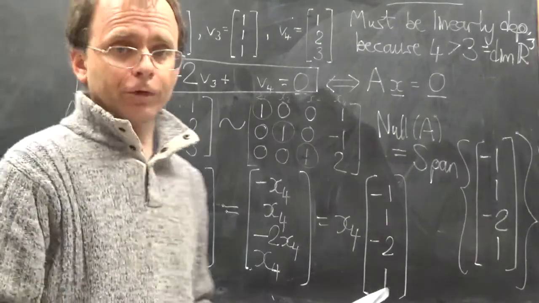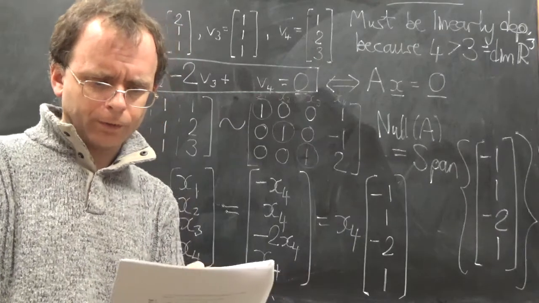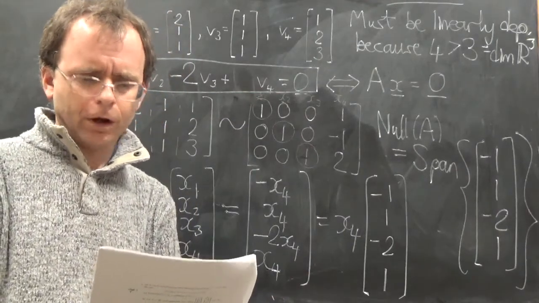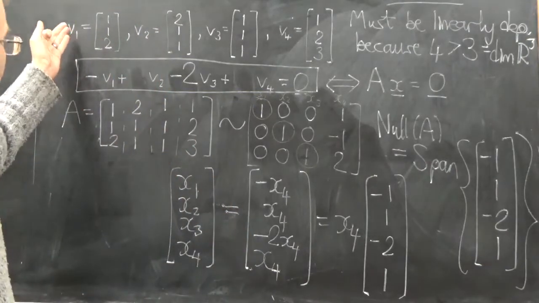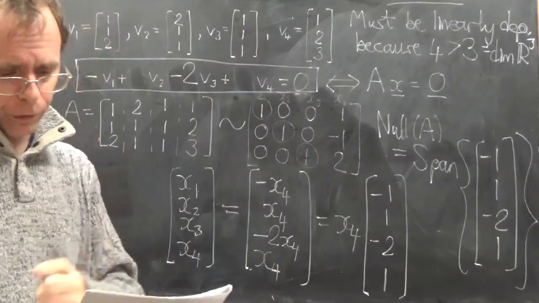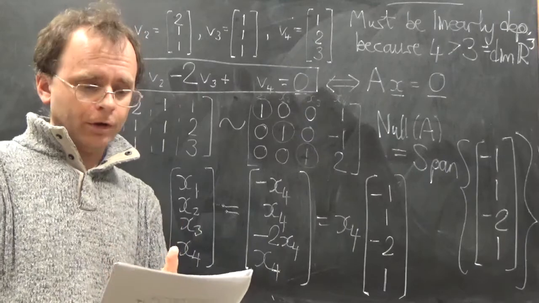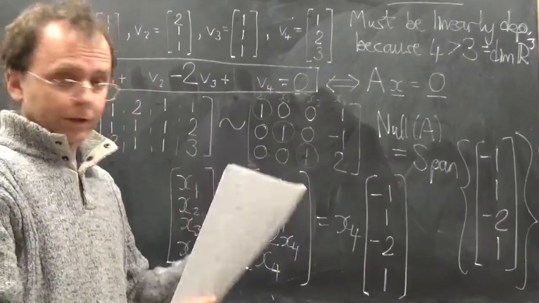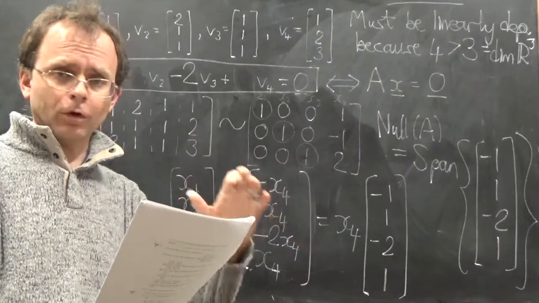I assume they must have forgotten because this is a very clear question, right? Hence express each vi. So each vi, what does that mean? Well, that means v1, v2, v3 and v4. For each of those, express it as a linear combination of the others, right? So that's a completely clear, straightforward question in plain English telling you precisely what to do.